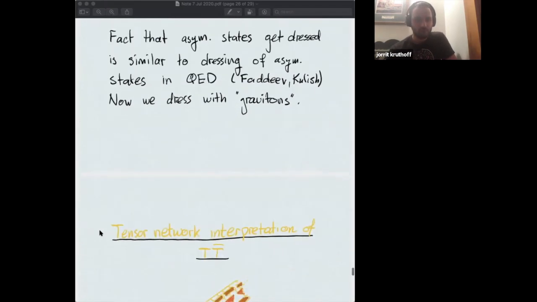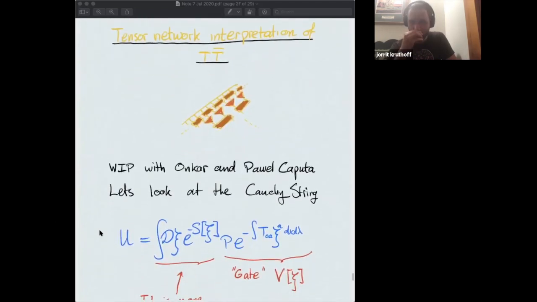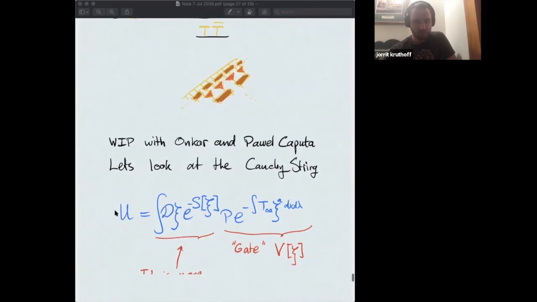Okay. Now a second fun thing, and this is actually work in progress with Onkar Parikar and Pavel Kraus, is whether we can construct, using this unitary U, a tensor network interpretation of the TTbar operator. To highlight why I'm saying that, let us look at this unitary operator U, where I did this Hubbard-Stratonovich transformation.